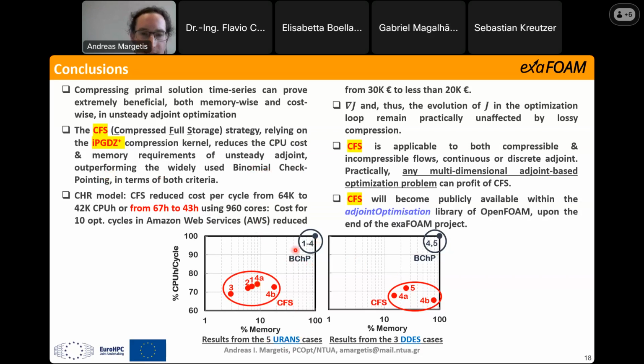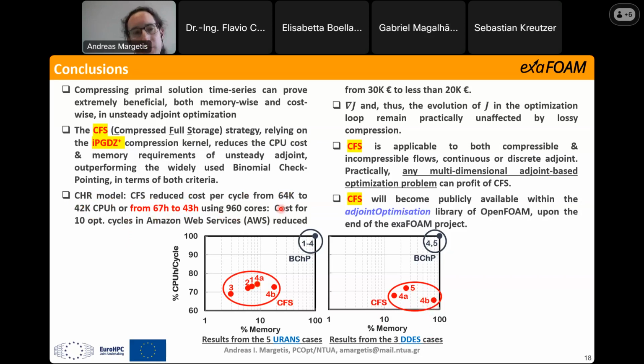The 5 URANS cases on the left and the 3 DDES cases on the right, where it is clear that the message is common for all cases: CFS reduces the cost around 30% compared to checkpointing. If we examine the results of the last case, the CHR model using the DDES equations, CFS reduced the cost per cycle from 64,000 to 42,000 CPU hours, or in terms of wall clock time from 67 hours to 43 hours.